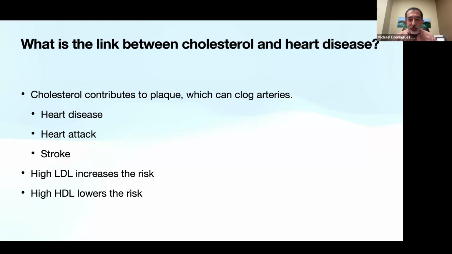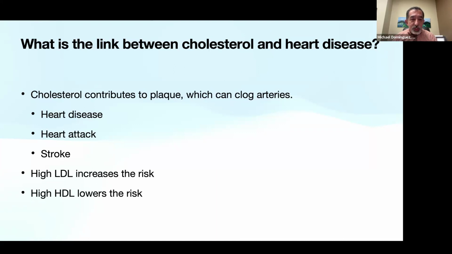That cover of that plaque can open up, and then our body reacts to that, like when we cut our finger doing yard work, that clot starts to form, that scab starts to form. When that happens in a coronary artery, that blocks the blood flow, and that's where you get a heart attack.